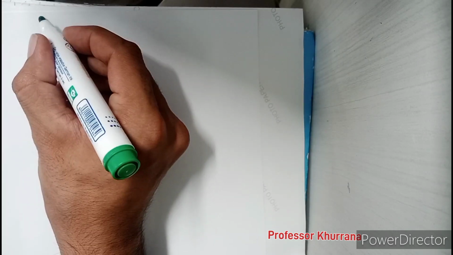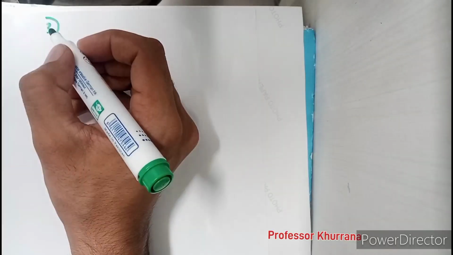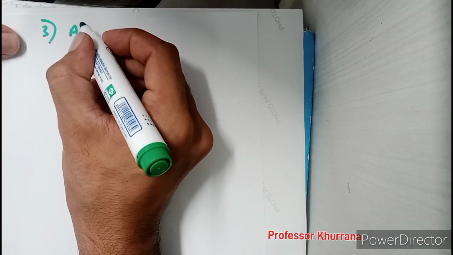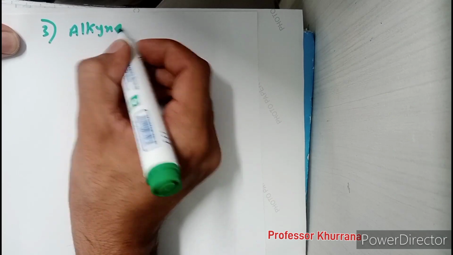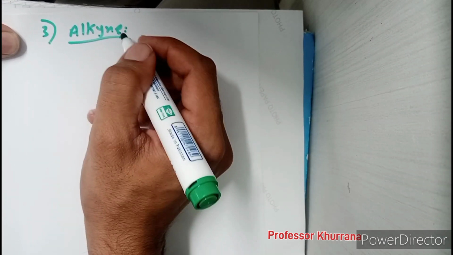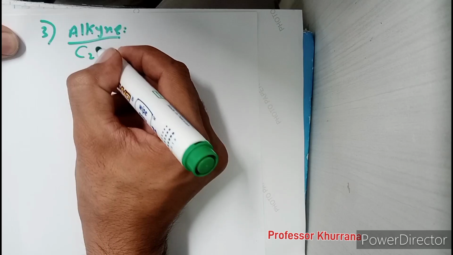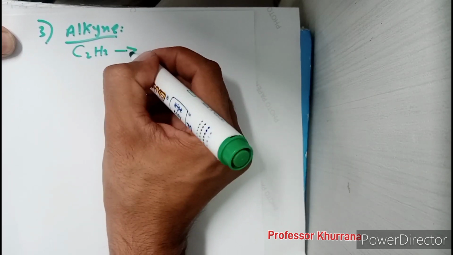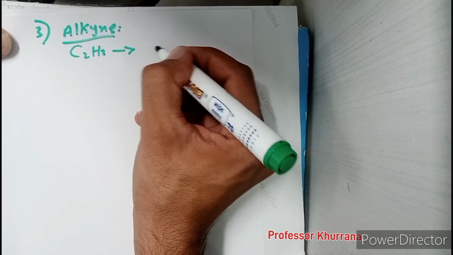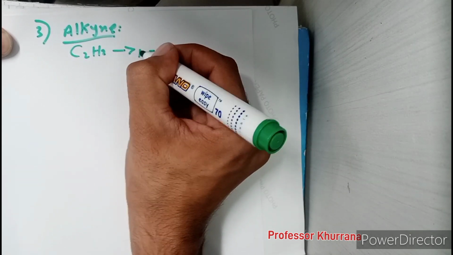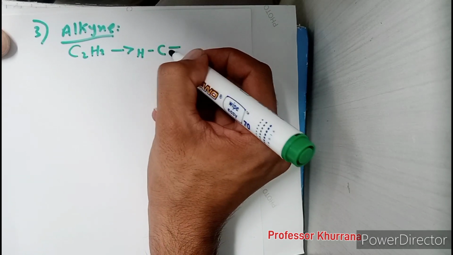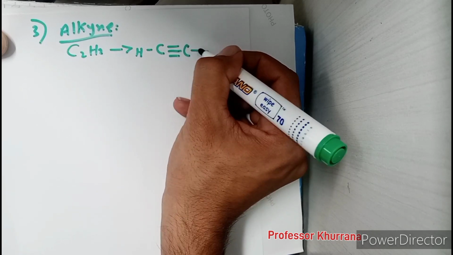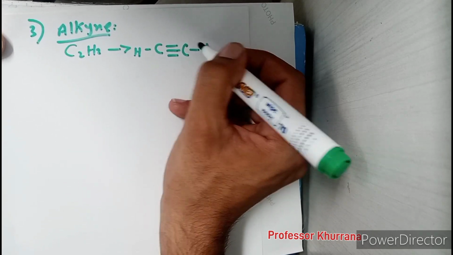Now we will discuss the third type of hydrocarbon, that is alkyne. Let's come to the structure, that is C2H2. So how is it formed? Here is carbon attached to hydrogen, and it has a triple bond with carbon, and that carbon is attached to hydrogen.